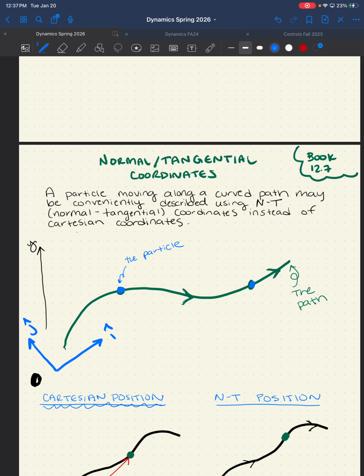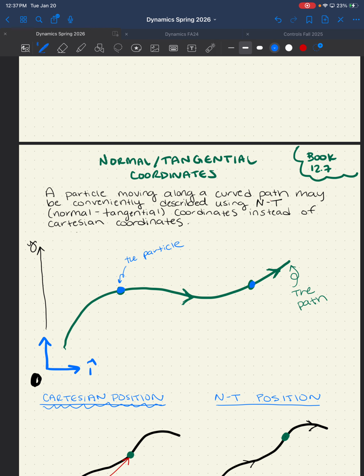No matter what the particle does, that coordinate system stays right where it is. It stays fixed to the earth. Okay, that's a Cartesian coordinate system. To contrast, the normal and tangential coordinate system follows around our particle.